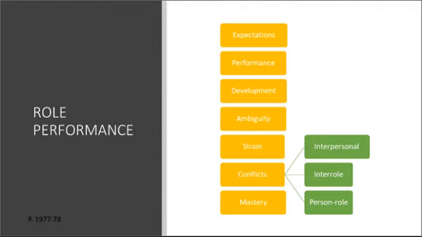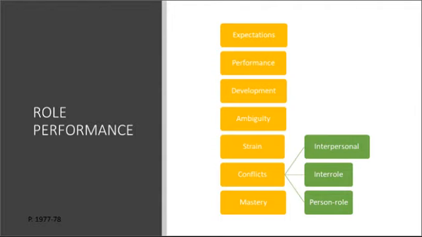Inter-role conflict occurs when roles create competing demands. As a student, you have the role as a student, your role as a wife, a spouse. You may have the role in your job, your role as a child, parent, sibling, multiple roles, and sometimes there's a conflict.